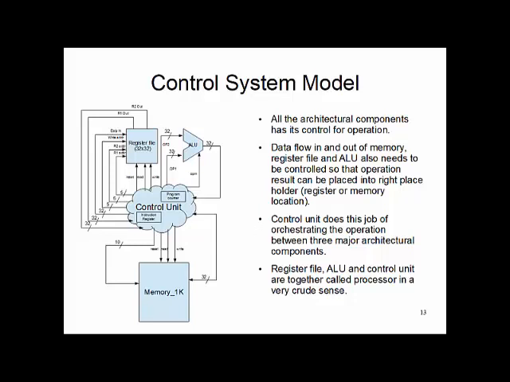The purpose of the program counter is to store the address of the next instruction, so that when this system tries to execute the next instruction of the program, it knows where to get it.